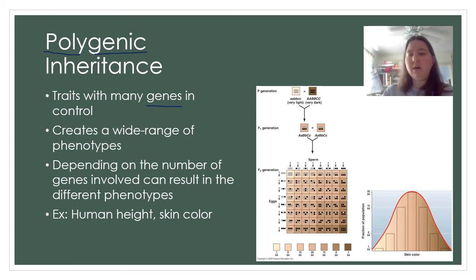So you can see here, this is basically a giant Punnett square. Don't worry, we're not doing any giant Punnett squares. But it basically shows you the range of how many recessive genes and how many dominant genes. So if it's all recessive, that person has very, very light skin.